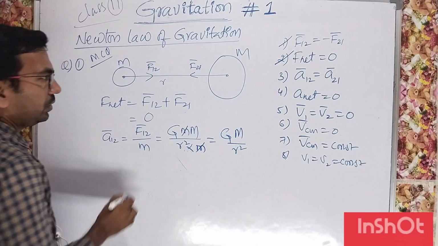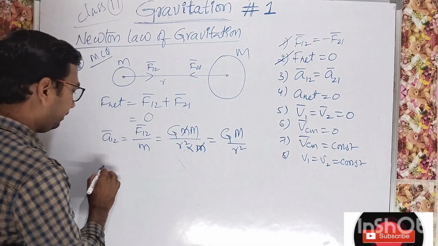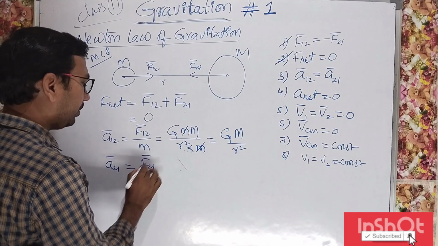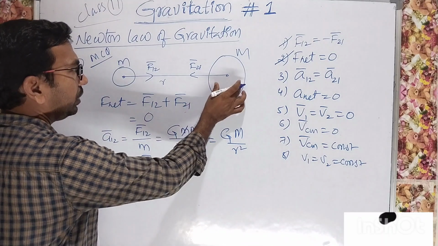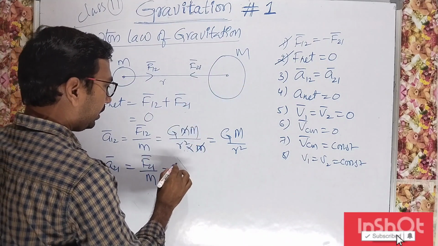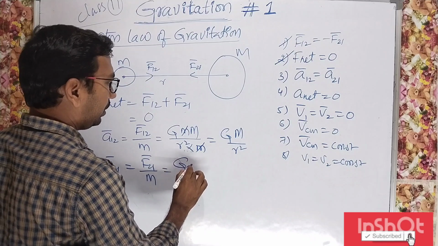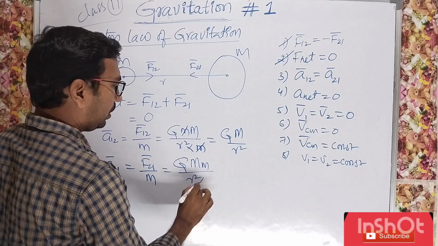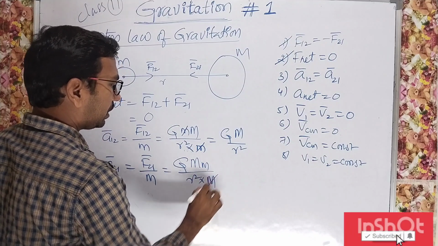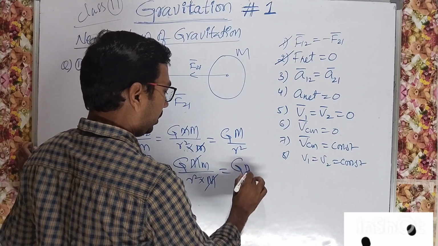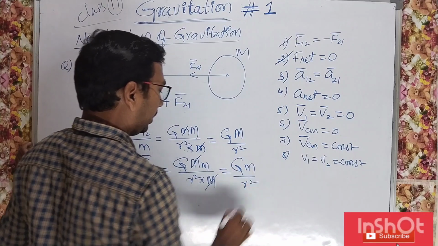Similarly you can find A21. A21 is equal to F21 bar by capital M, which is capital G, capital M, small m by R square into capital M. This capital M is cancelled, so A21 is capital G, small m by R square.